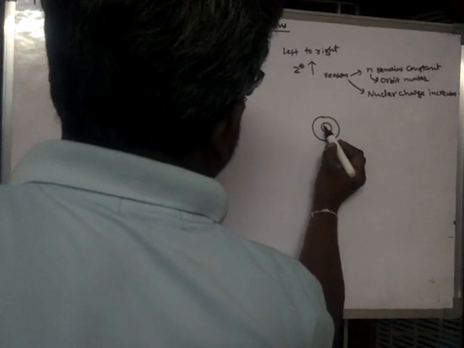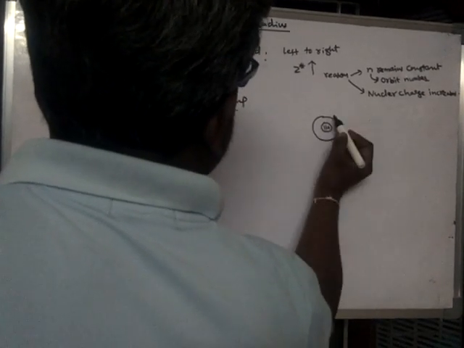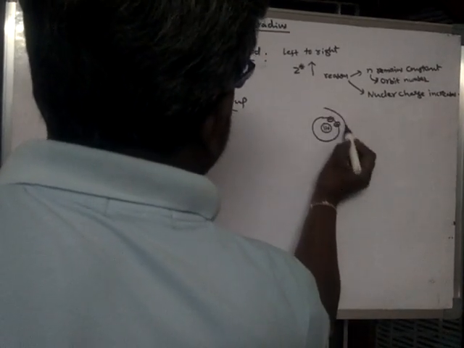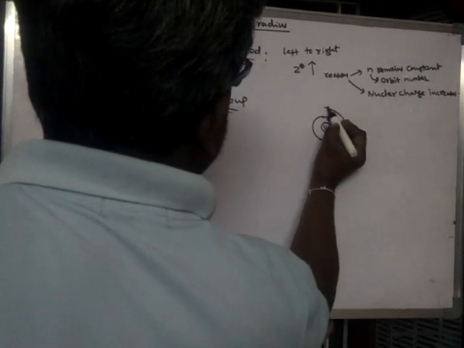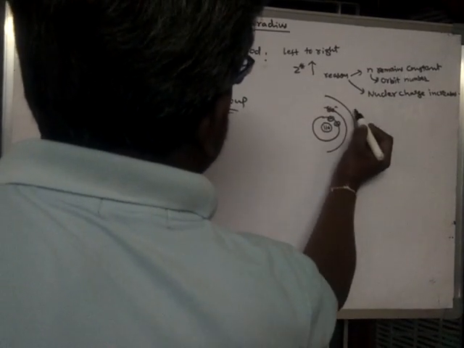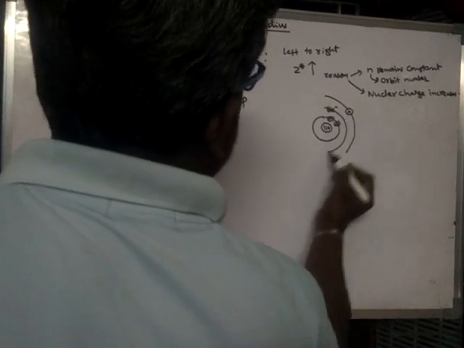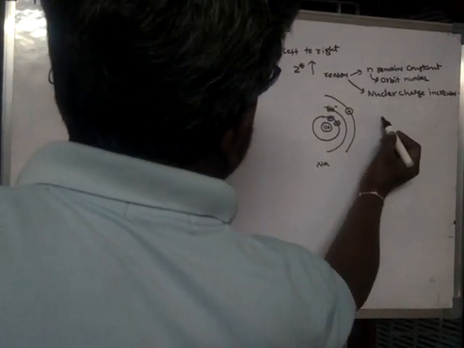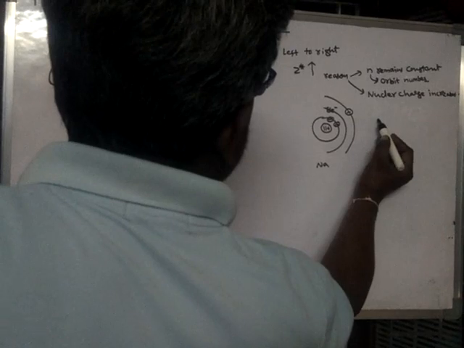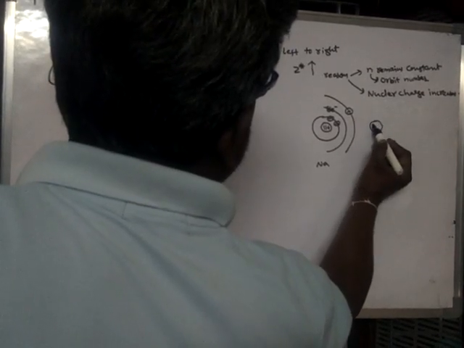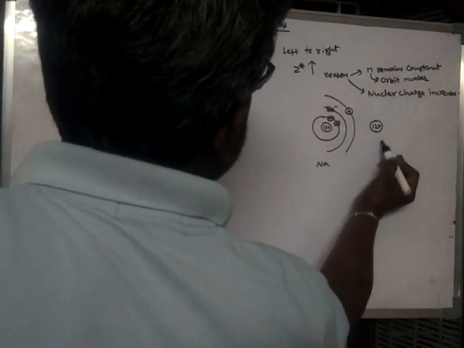Sodium atom contains 11 positive charges and 11 electrons. So 2 electrons in the first orbit, 8 electrons in the second orbit, and in the third orbit there is 1 electron. And if you see the magnesium atom, in its nucleus there are 12 positive charges.